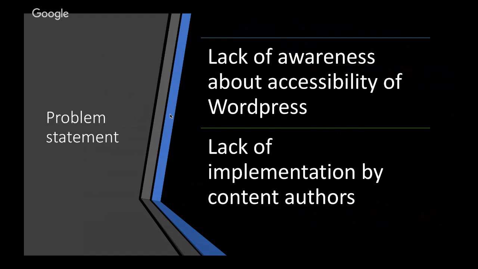And secondly, the implementation by content partners. When you're putting up content, you also need to take care of a few things to make sure your content is accessible on the platform. A lot of times portals become inaccessible not because of the platform they use, but because of how they put up the content.